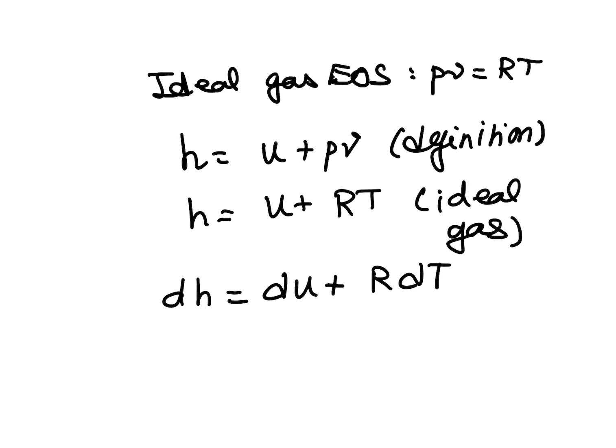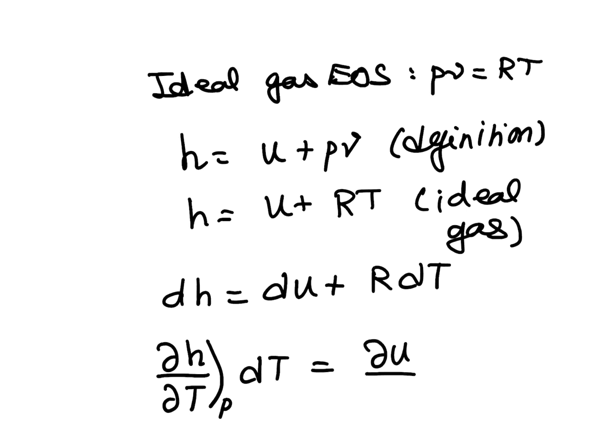Okay. So what do we have here? I can write this as dH is the partial of H with respect to temperature at constant pressure multiplied by dT. dU is the partial of the internal energy with respect to temperature at constant volume times dT, plus R dT.